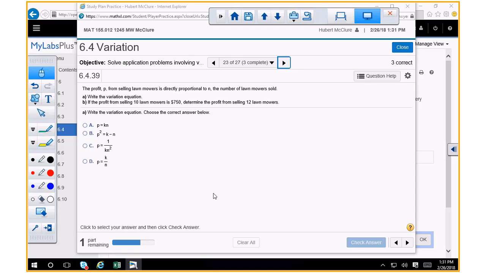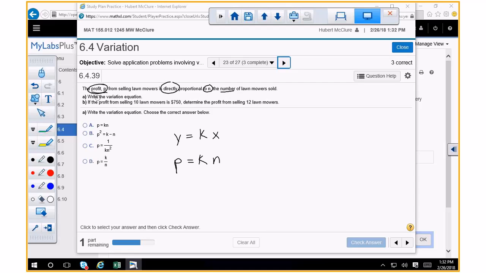Okay, now what? Well, I'm going to write direct because it says right here, y is equal to k times x. Y turns into what? P is equal to k times what? N. And N is the number of lawnmowers.